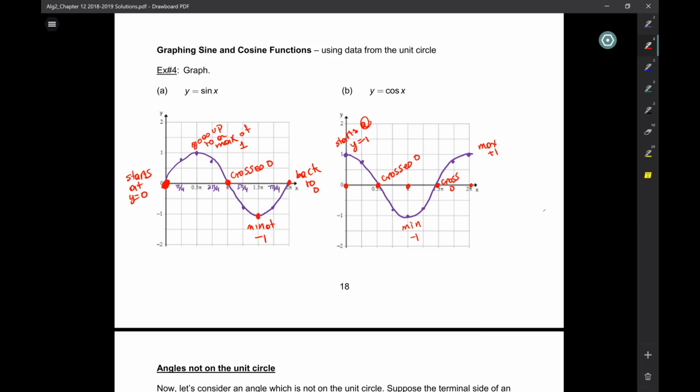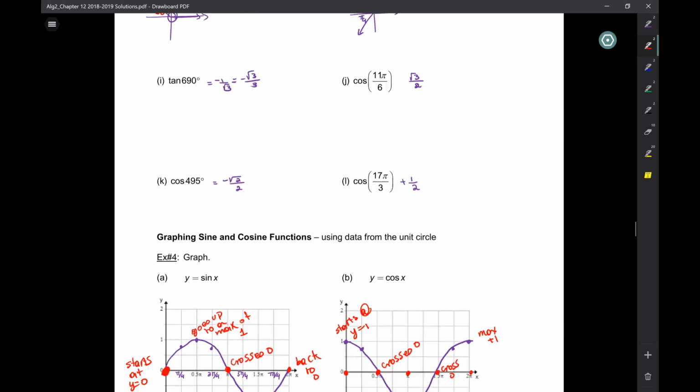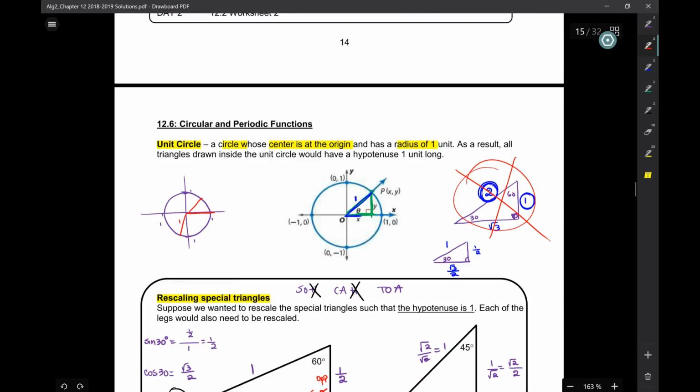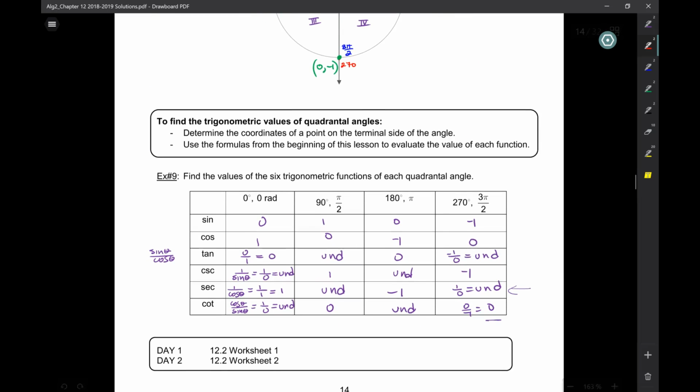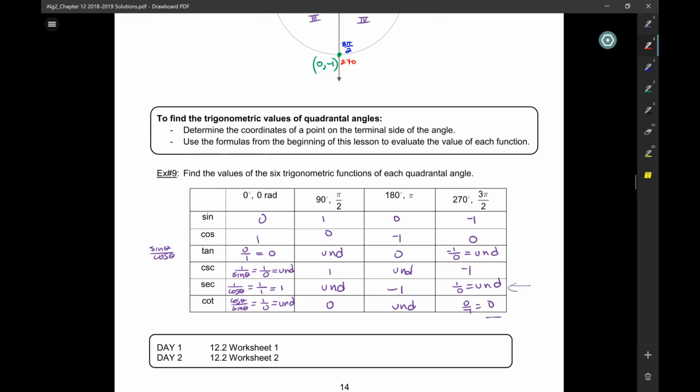So look at your y values. They oscillate. Oscillate means they go back and forth between 1, 0, negative 1. If we looked at that chart that we made, our values go back and forth between 1, 0, negative 1.